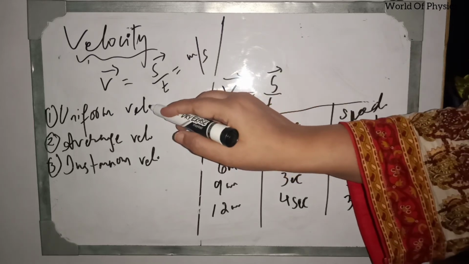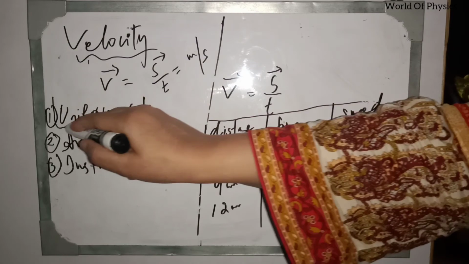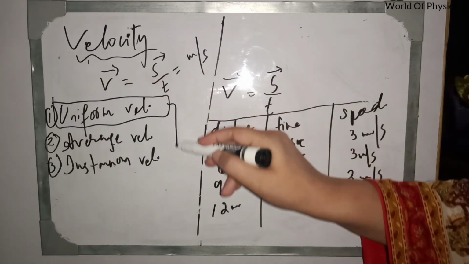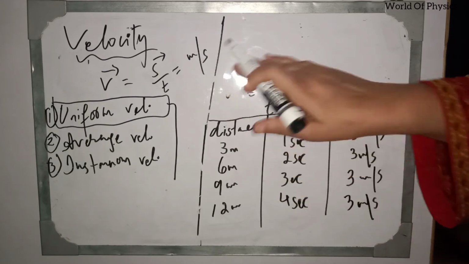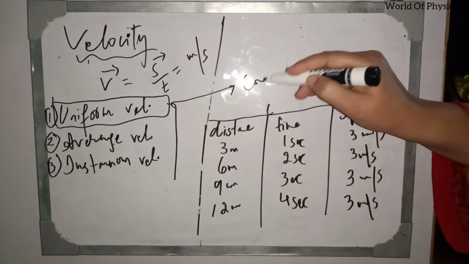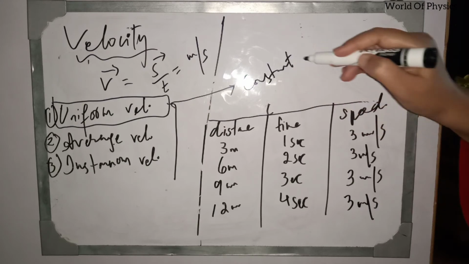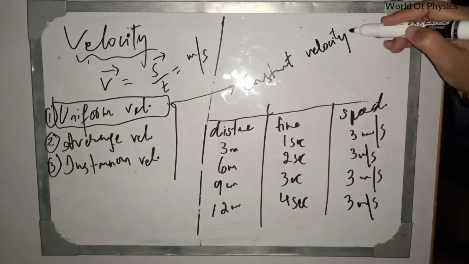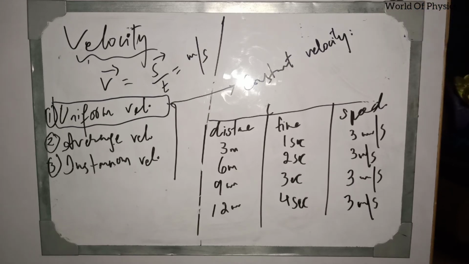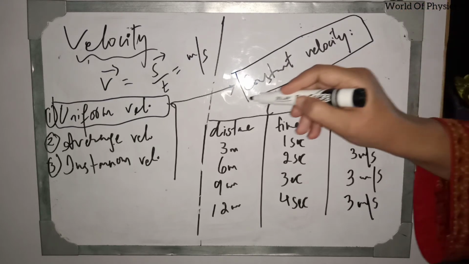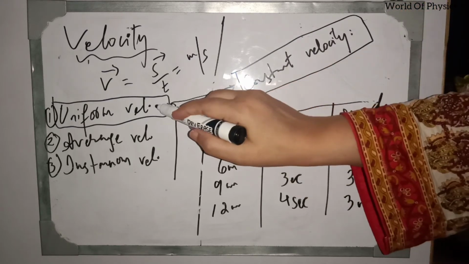Uniform velocity, and one more term I will define over here is called constant velocity. Uniform velocity is somehow different from constant velocity because there is some difference of direction. For uniform velocity, the same direction is not required, only the magnitude should be same.